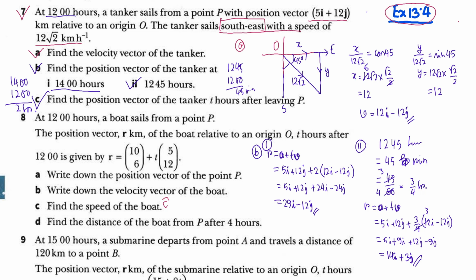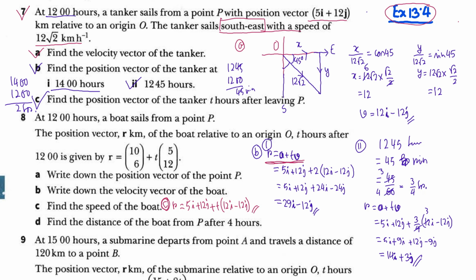See, here I'm going to show the final position vector. We can write a plus, this is the same formula we're going to apply, a plus tv. a is 5i plus 12j plus t into its velocity vector 12i minus 12j. So this is our answer.